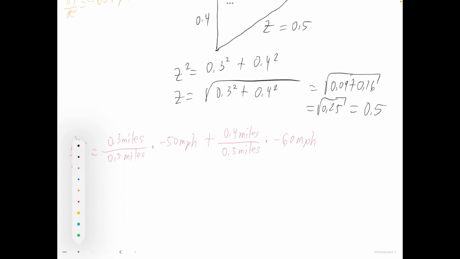And so note, in terms of units, the miles are just going to cancel from x divided by z and y divided by z. And so if you just simplify this, this is going to end up being negative 78 miles per hour. And so that tells us then that the cars are approaching each other at a rate of 78 miles per hour. And it's negative again because the distance between them is getting smaller as the cars get closer to each other.